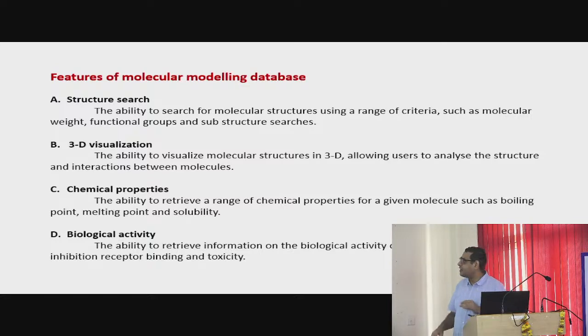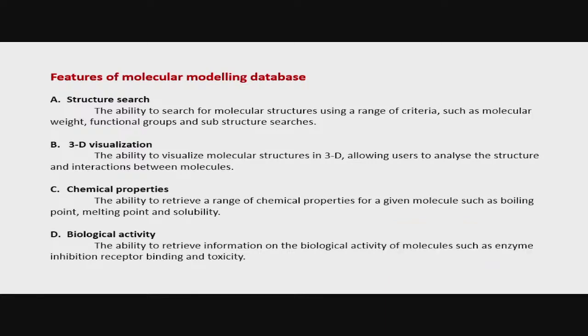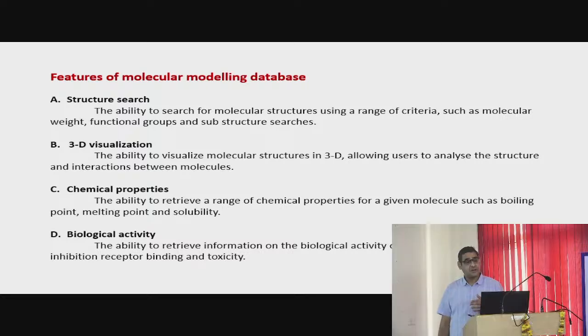Then features of molecular modeling database. This is with most of the molecular modeling databases, okay. The first is structure search. You can do the structure search using a range of criteria such as molecular weight, functional group, substructure search, 3D visualization, how you can use the 3D structures and interactions between molecules, then chemical properties, to retrieve a range of chemical properties like boiling point, melting point, solubility, other parameters.